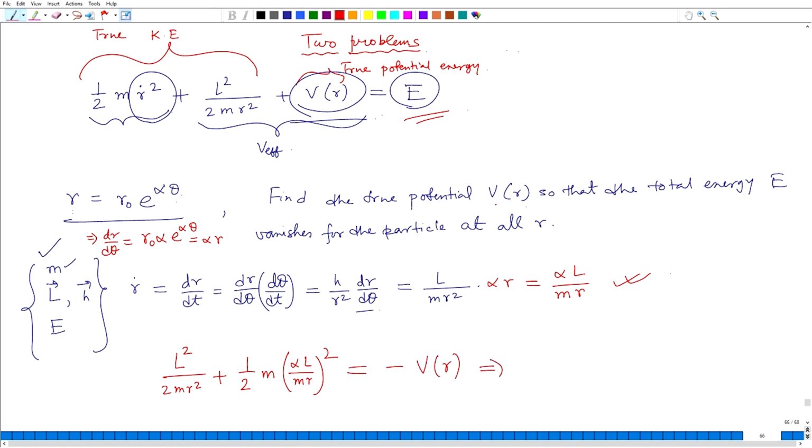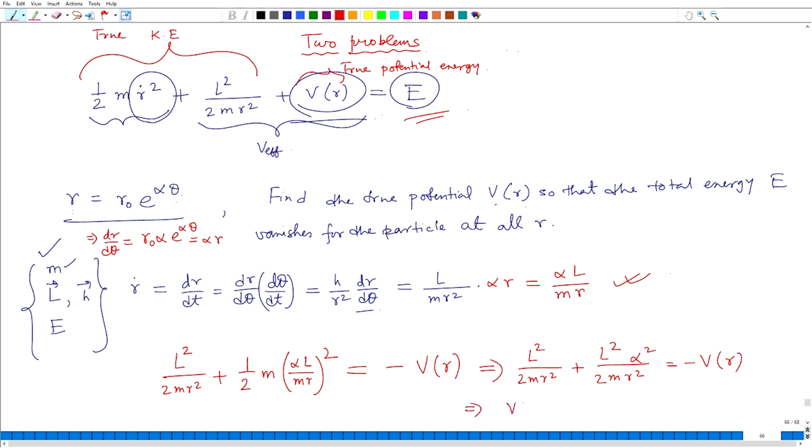If you calculate it carefully, you will have L square by 2 m r square plus L square by 2 m r square alpha square is equal to minus V of r.